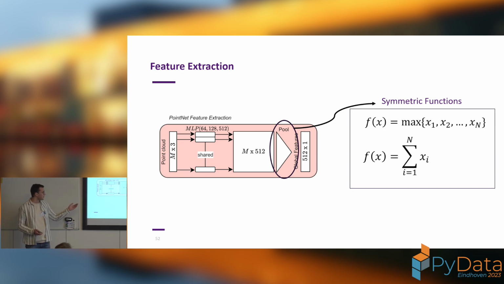In this way, you get a representation for your point cloud, for the object, that resolves this permutation invariant issue. We could use these features for any task we would like. We could, for example, add a classification component, but we could also do forecasting.